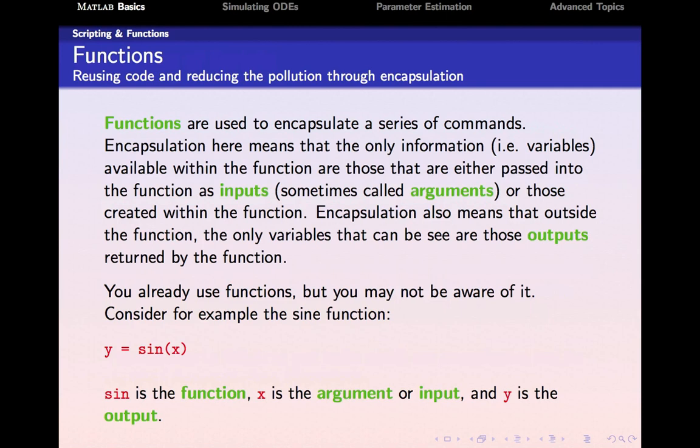So it doesn't really matter what you've defined within your workspace. The function itself cannot see the contents of your workspace. It can only see the inputs, sometimes referred to as the arguments of the function. And the only thing you can see from the outside are the outputs that the function provides.